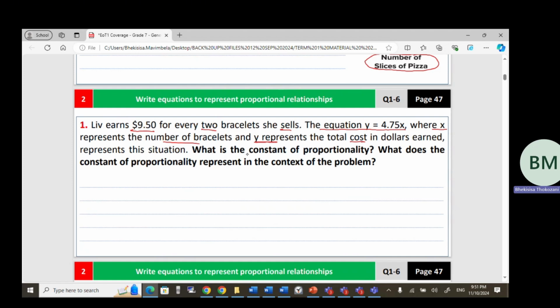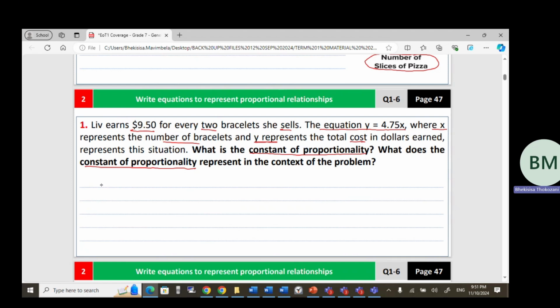Now, they want to know what is the constant of proportionality, and what does the constant of proportionality represent? So you have to give them two answers, okay?